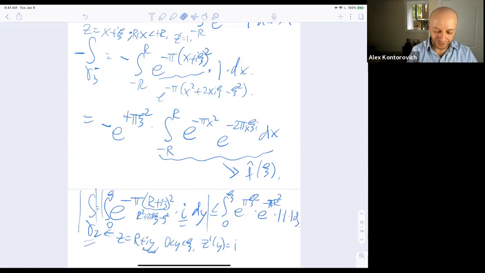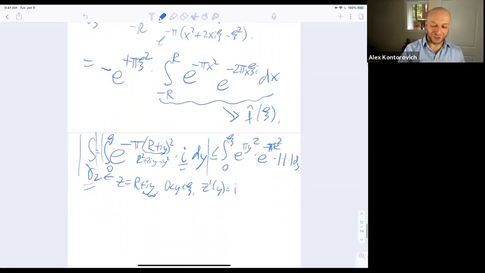I'm confusing you because I'm writing things that aren't correct. This is a y, so I get a y and a y, and this is a pi y squared. That's better.